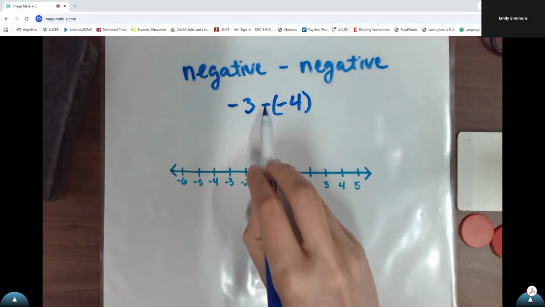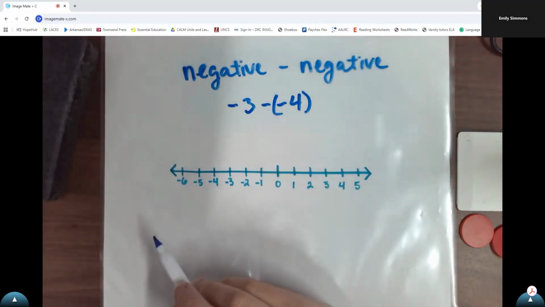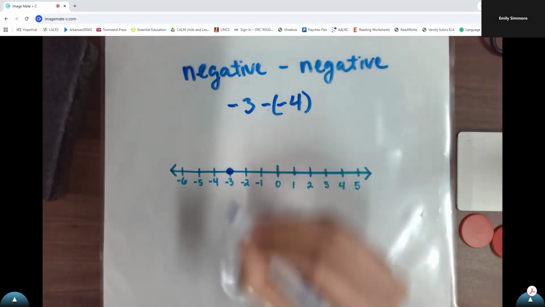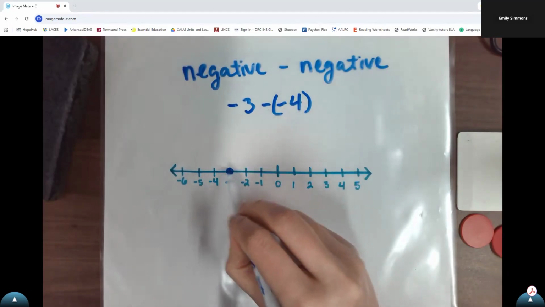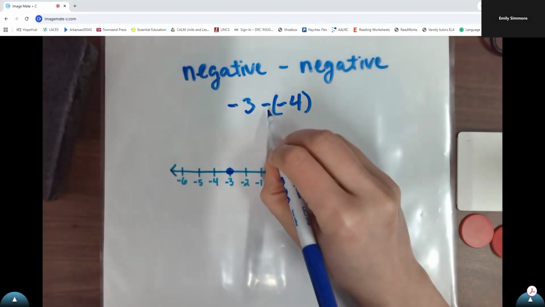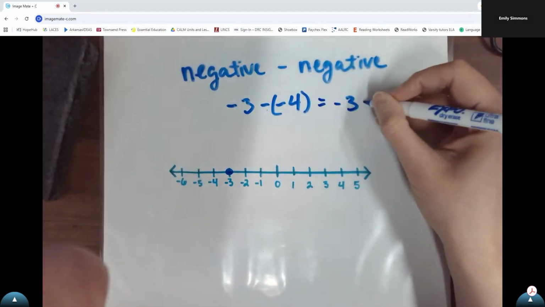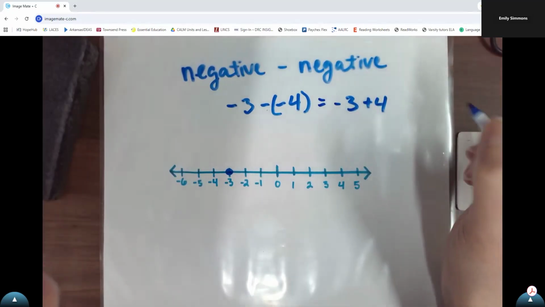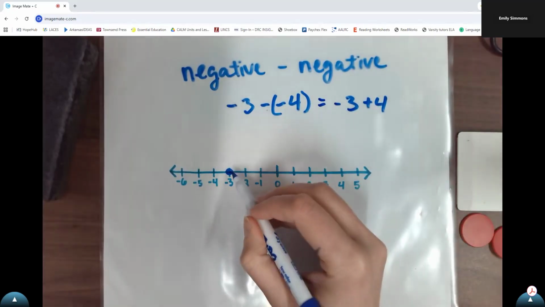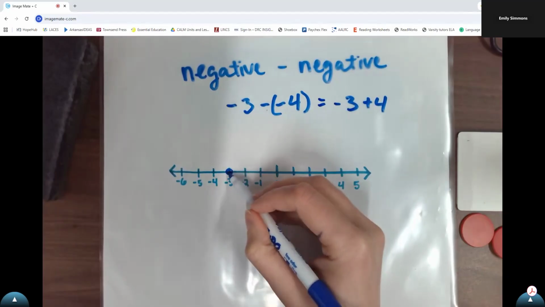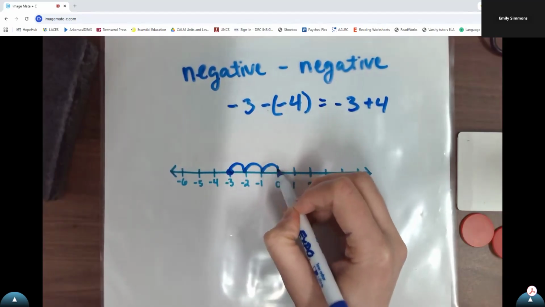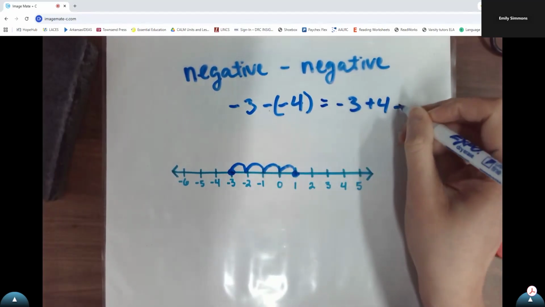Just like before, that minus and negative is going to cancel out. We start on negative 3. We can't go double to the left. So we need to cancel those out. And this becomes negative 3 plus 4. Adding 4 to negative 3, 2, 3, 4, we get 1.